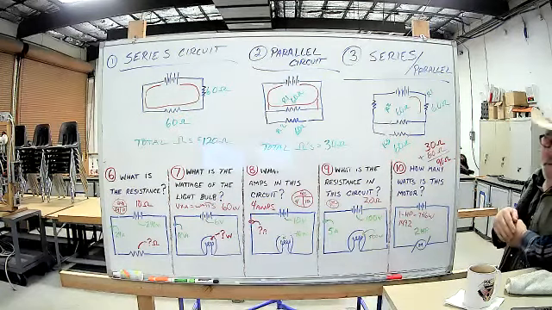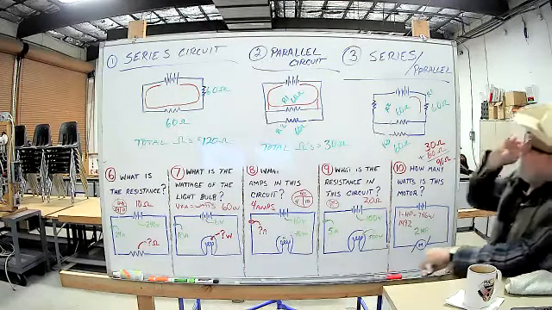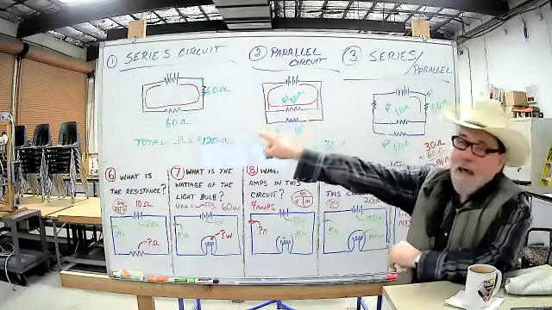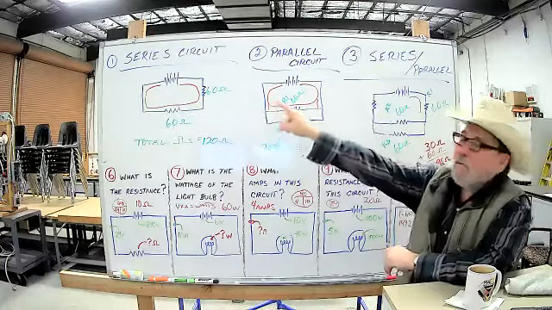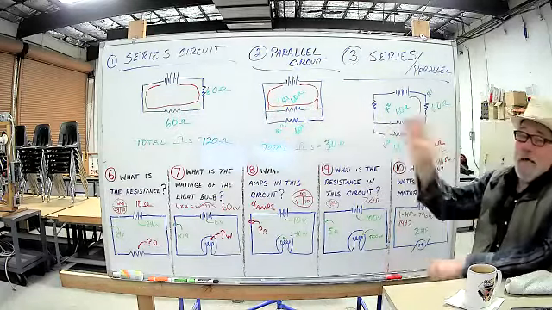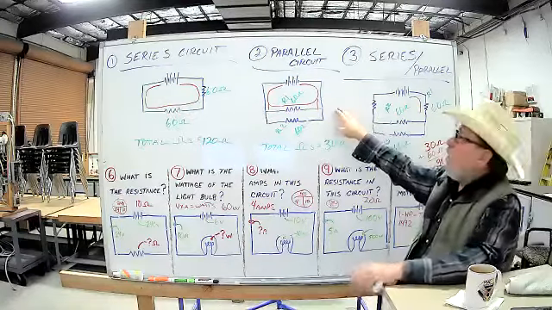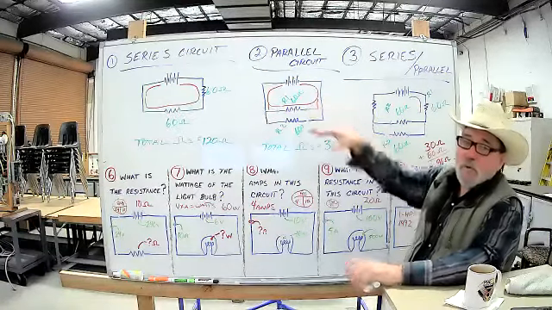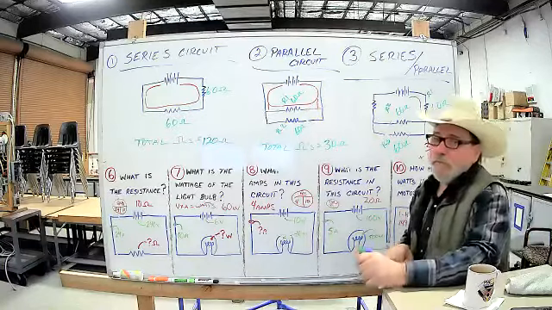Again, just to give a quick review, and then I'm going to call it. Series, you just add them up. Parallel, when the values are equal and there's only two of them, it's going to be half of one of them.